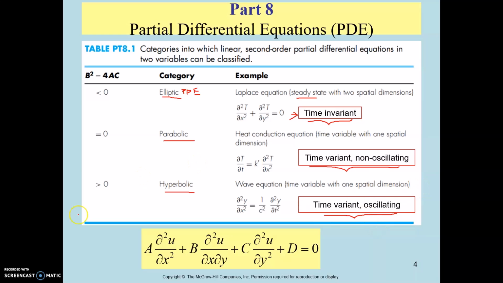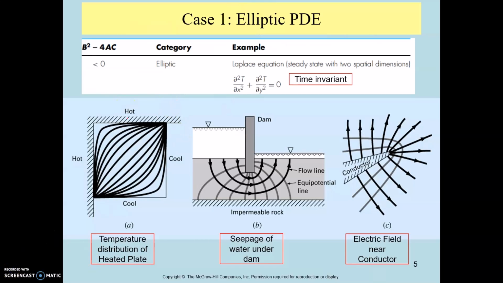So what are these? For the first case, let's say you heat the plate at different temperatures. By doing this, let's say you wait for 1 day, you should observe that the temperature distribution within this plate is constant, right?